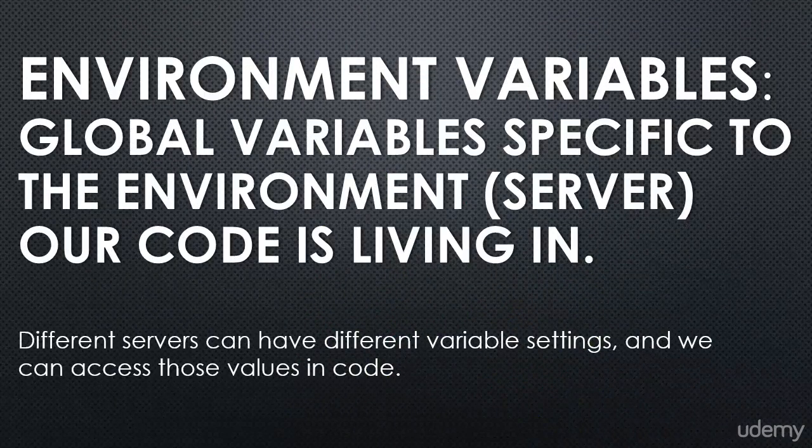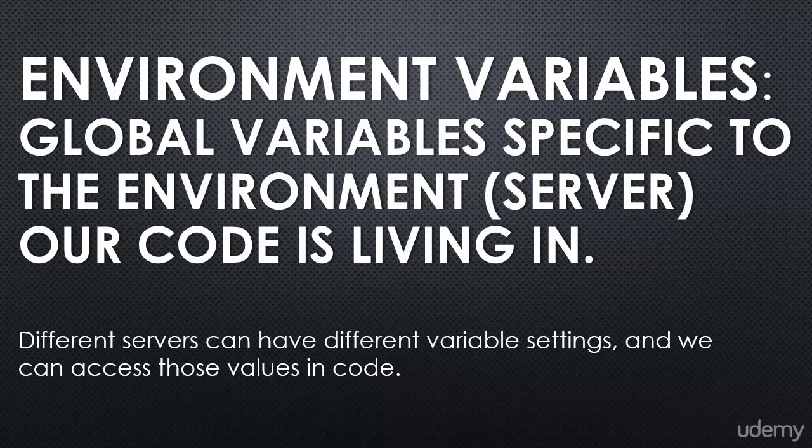Environment variables. These are global variables specific to the environment, in our case usually the server, that our code is living in. So different servers can have different variable settings, and you might have other ways to set these variables outside of your code. But we can access those values in code. So each server could have a specific value set, some setting, and we can read that value and respond.